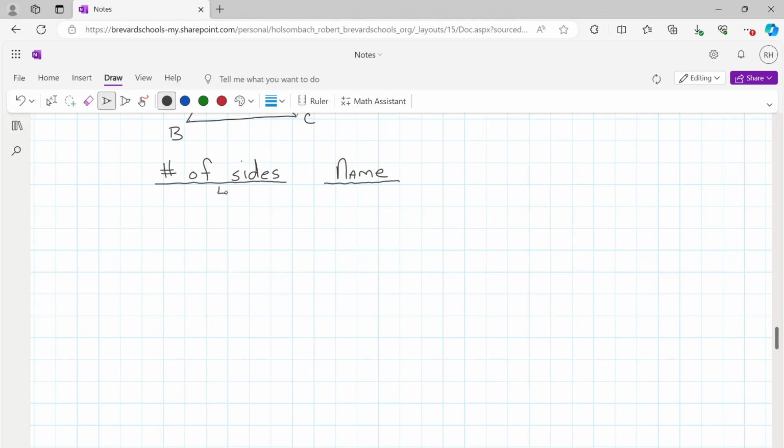So a shape that has 4 sides is called a quadrilateral. And if you already know what the name is of a shape with 5 sides, you don't need to write it in your table. A shape with 5 sides is a pentagon. And 6 sides is a hexagon. Seven sides, heptagon.